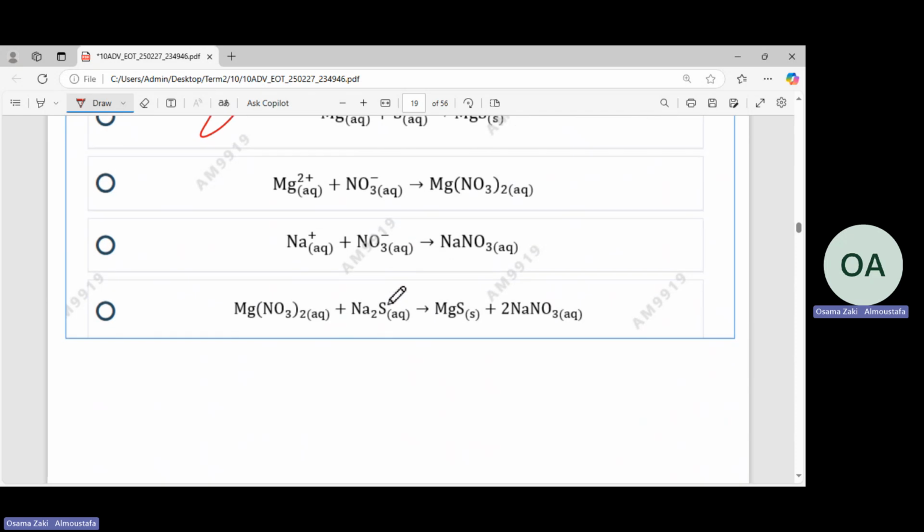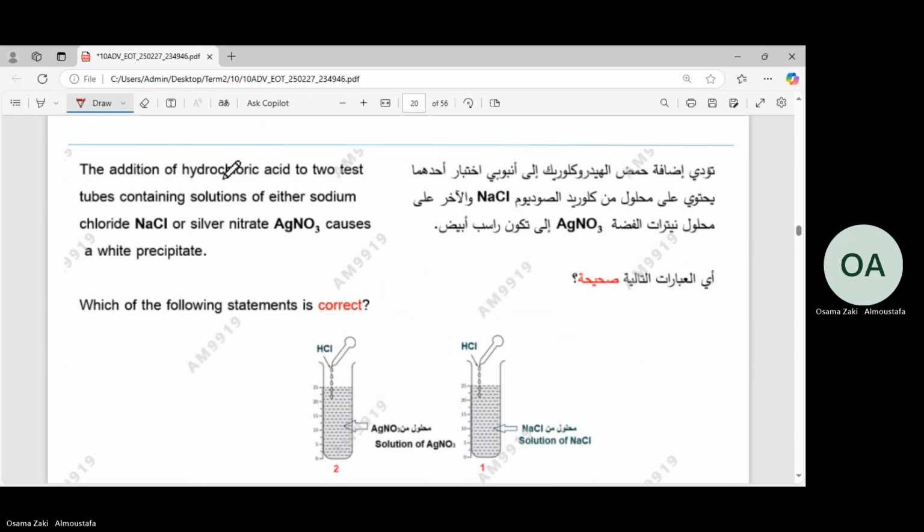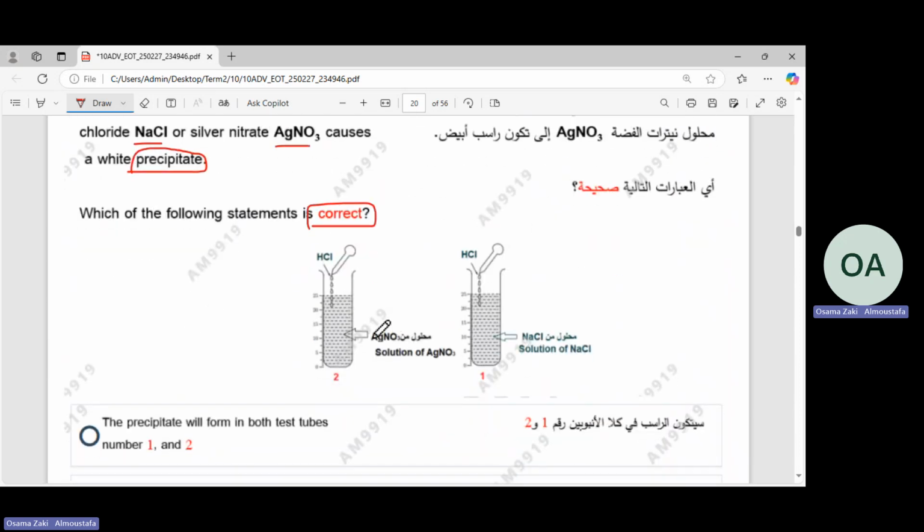And here, the addition of hydrochloric acid to two test tubes containing solutions, either sodium chloride or AgNO3, causes a white precipitate. Which of the following statements is correct? So here what do we have? We have HCl and AgNO3.